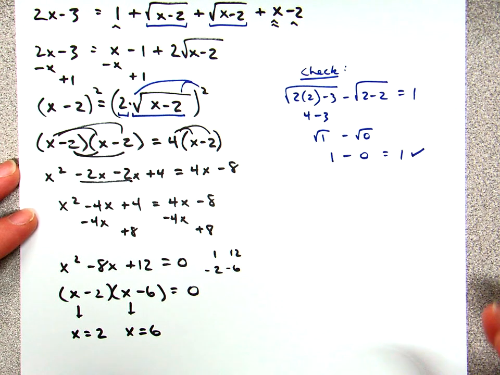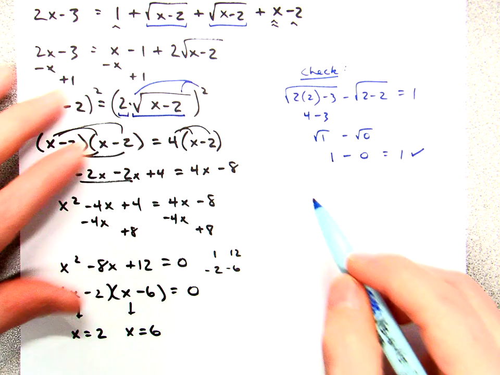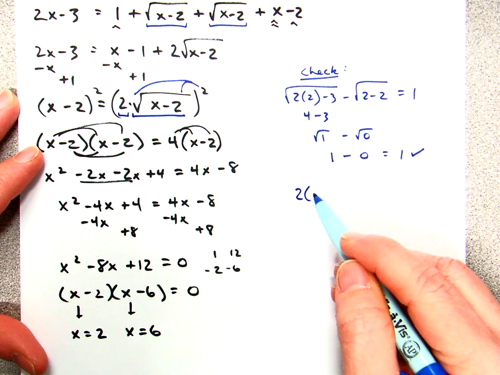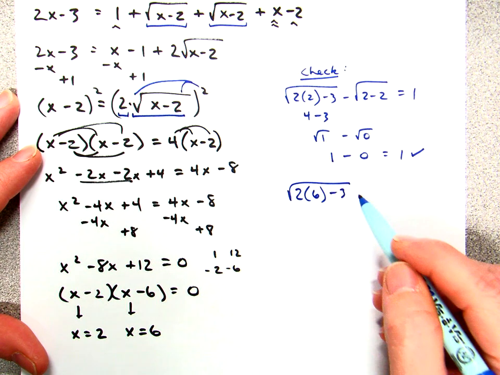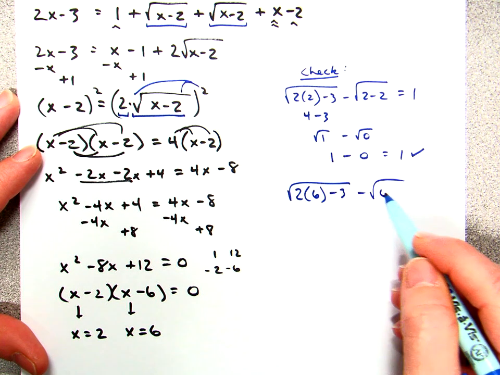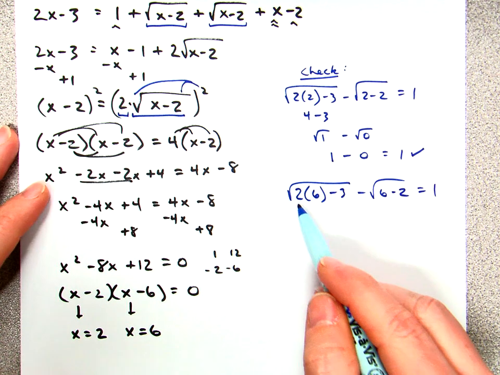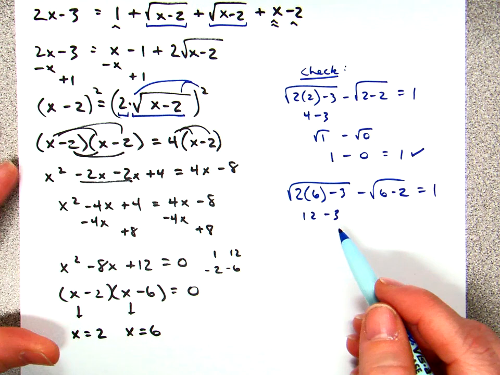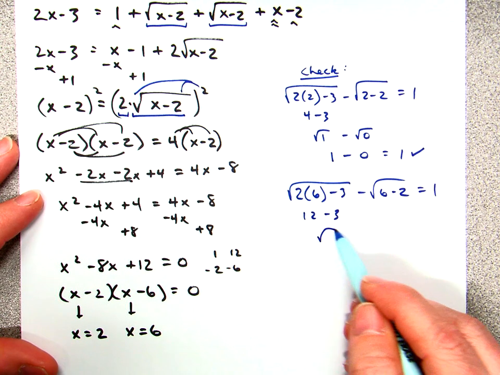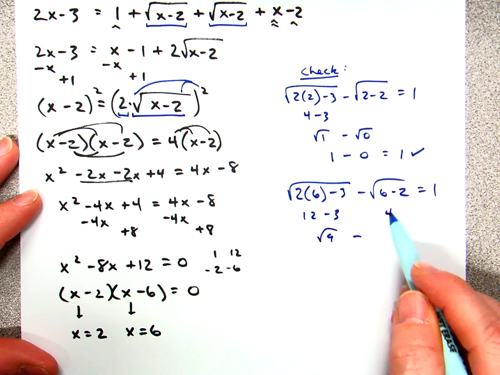All right, let's plug the 6 in. I'll plug it in where these x's were here. So, 2 times x, which was 6, minus 3 minus x minus 2. So 2 times 6 is 12. 12 minus 3 is what, 9? 6 minus 2 is 4.